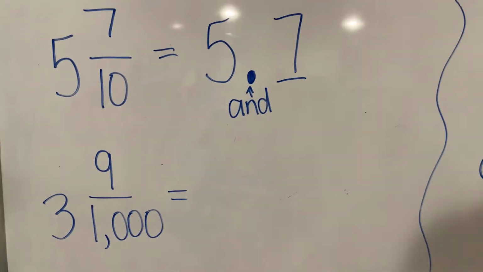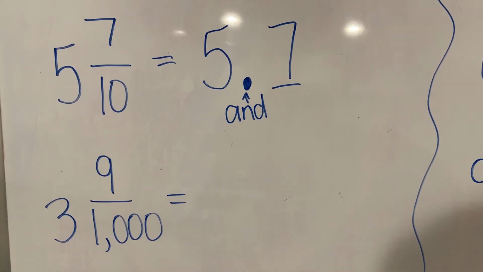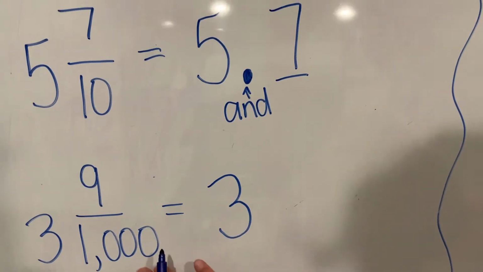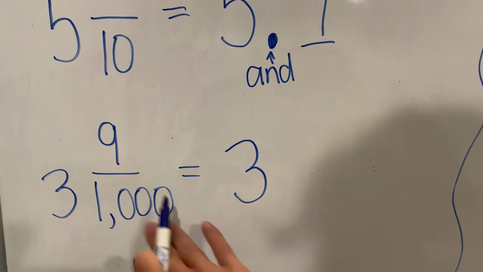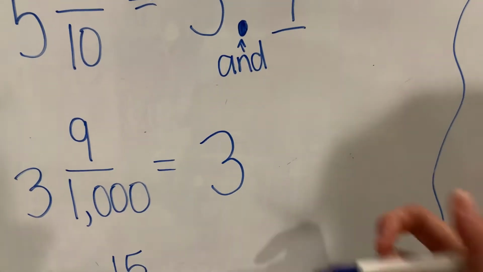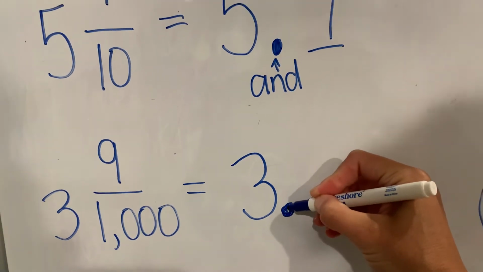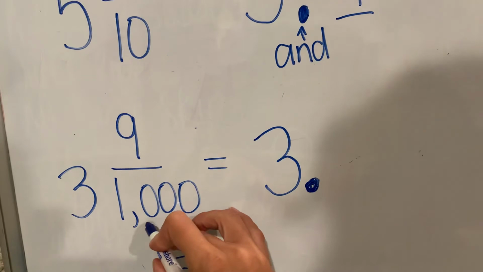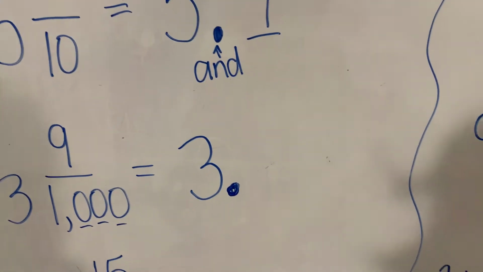If we move down to 3 and 9 thousandths, okay, so here's your 3 again. And then to move on to the fraction part, we need to say "and," because it's a whole number and part of a number. So "and" 9 thousandths. So if I look at my thousandths, I have 3 numbers in it, and that's going to help you with how many digits you need after your decimal too.